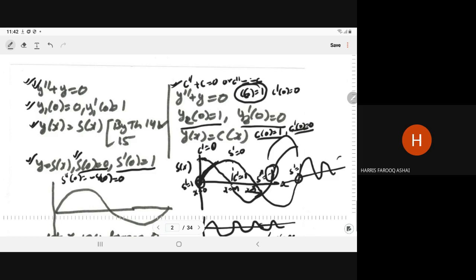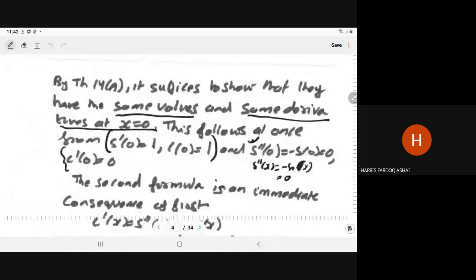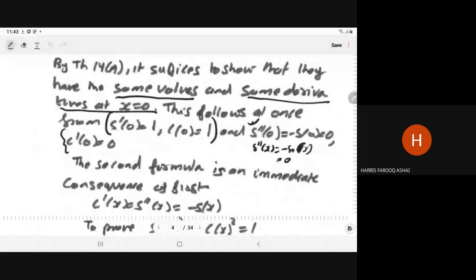So this condition and this condition are the same. Clear? So now we have the initial conditions the same.